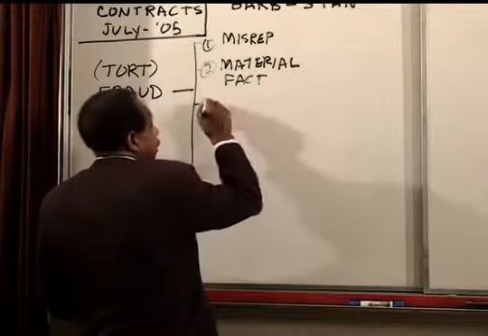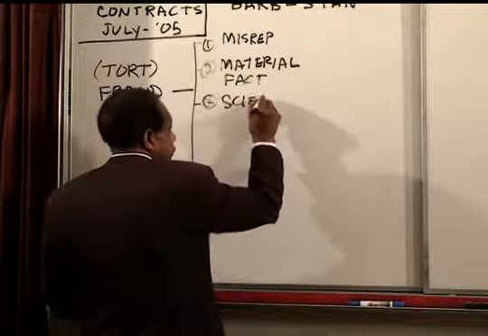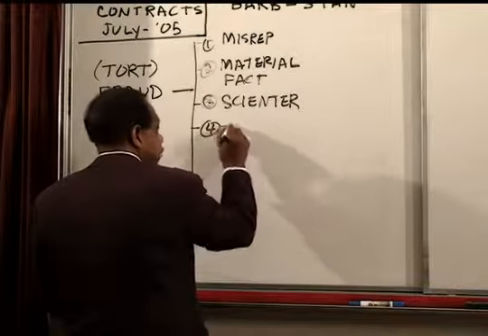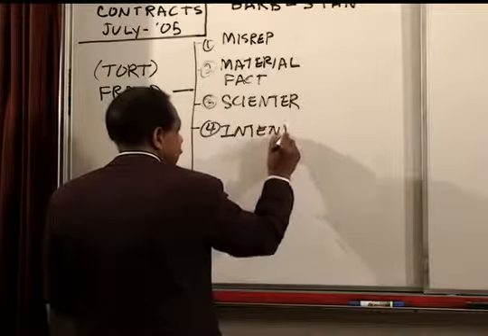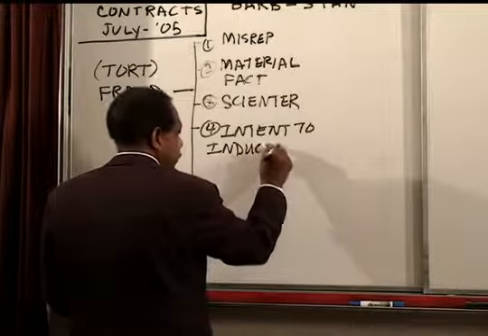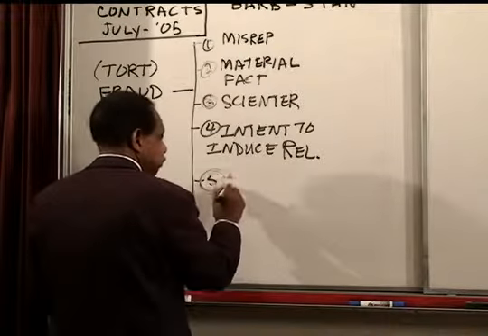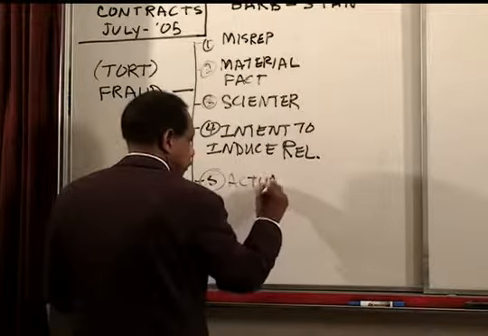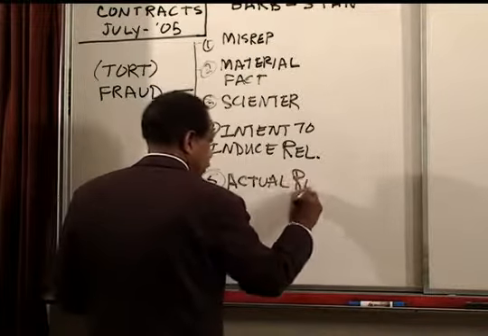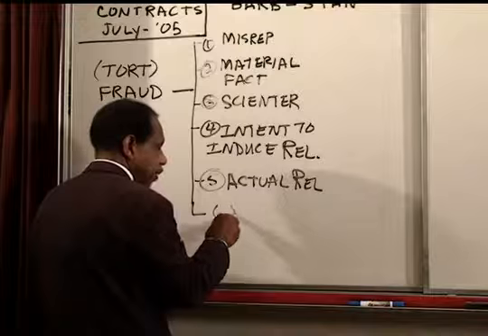Misrepresentation of material fact, with scienter, number 4, intent to induce reliance, number 5, actual reliance, and number 6, reasonableness of the reliance.